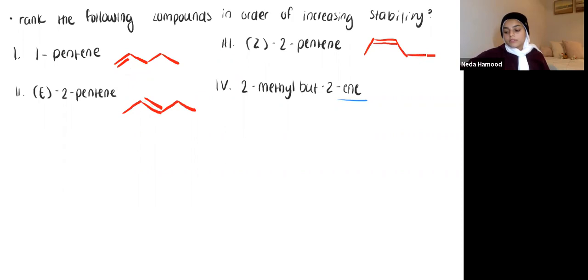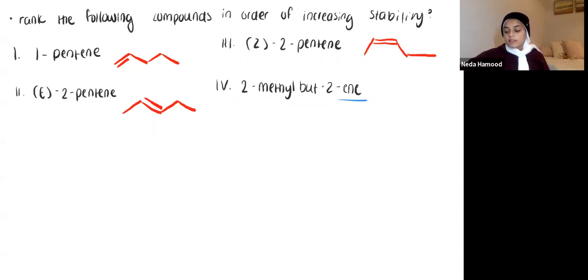We have 1, 2, 3, 4, 5, and 1, 2 is where our double bond is. If you want to check if it's E or Z again, there we have our hydrogens. This is our low, this is our high. This is our low, this is our high. We have lows on the same side, highs on the same side, so that means it's going to be Z.